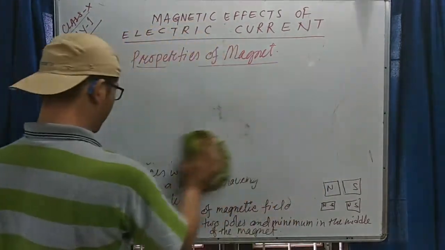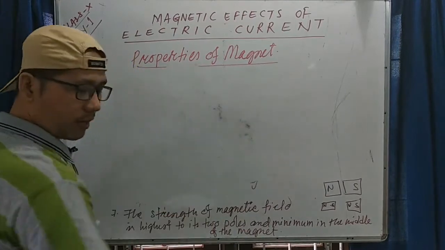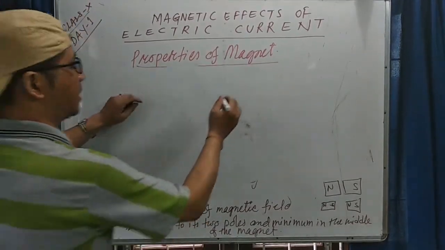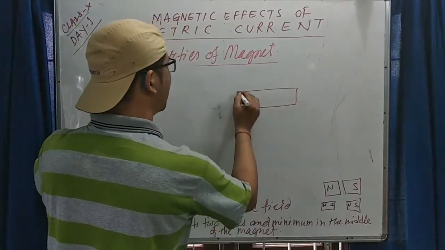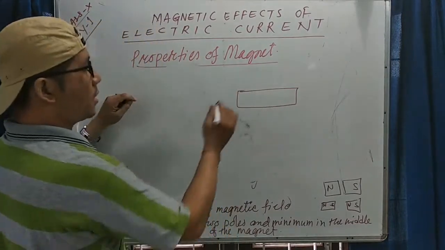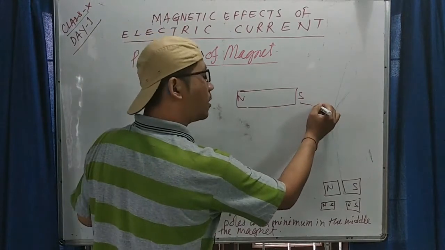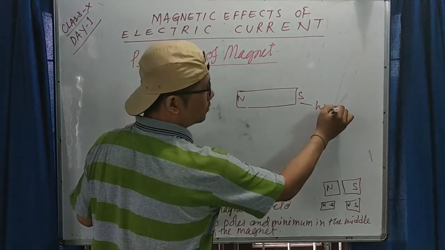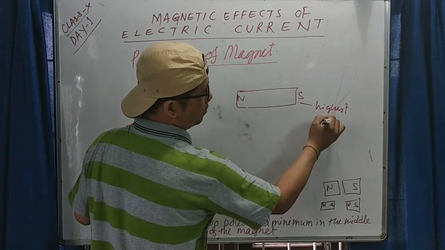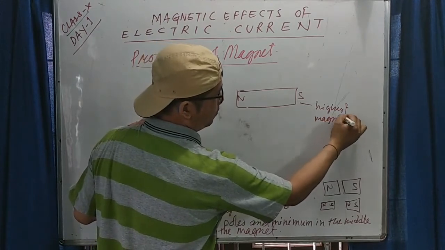That's okay. I'll write. Not too much. The strength of the magnetic field. See, this is a magnet. So here at this north and south pole, there will be the strongest or highest magnetic field.